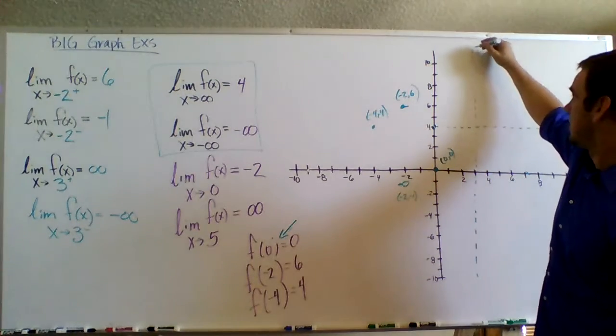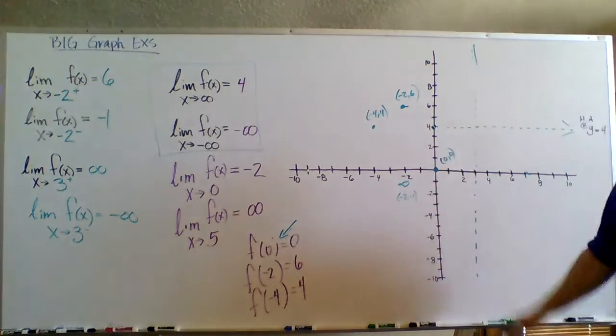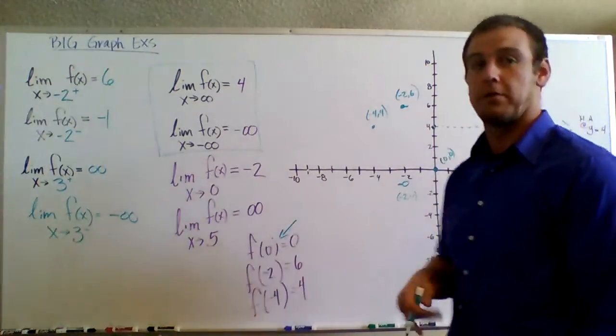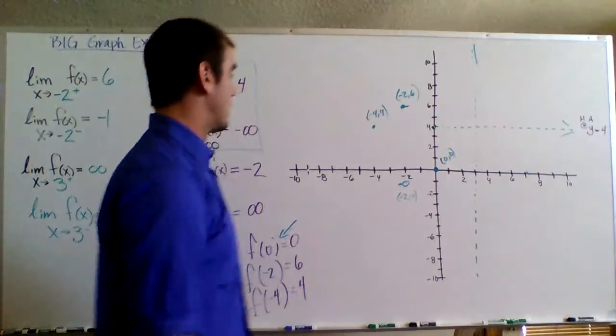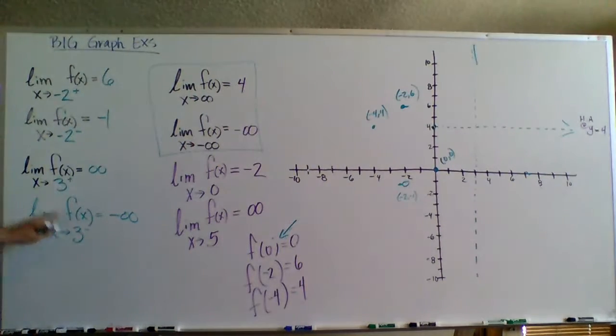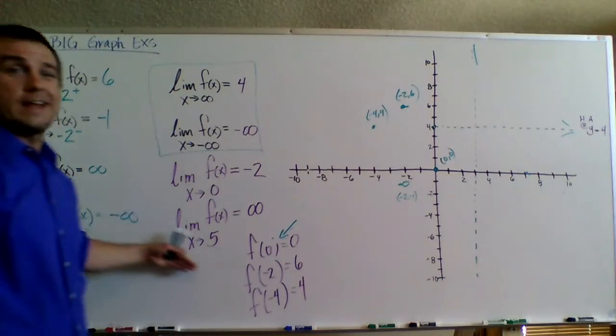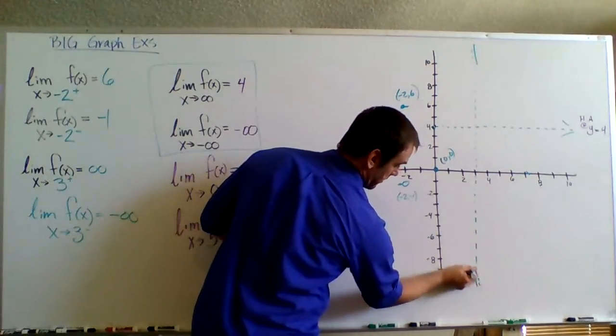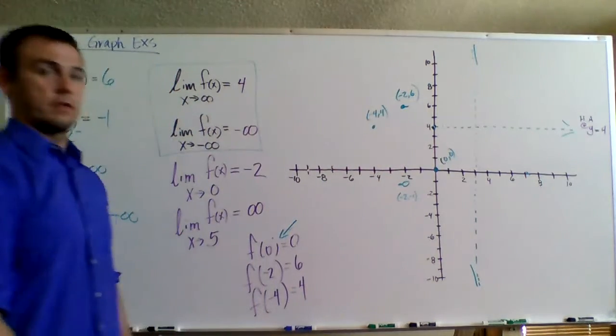That's why it's going to be a vertical asymptote here. Okay, I'll just draw a nice short line here. Keep it really tight, close to that asymptote for now. As we approach 3 from the left, y is getting closer and closer to negative infinity. So we're going to get down here as we approach it from the left side.